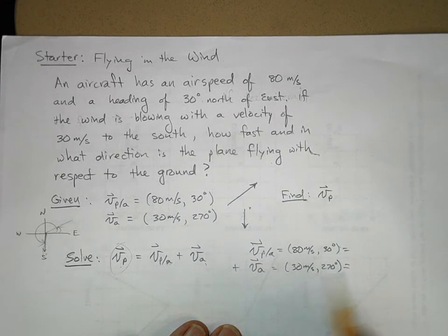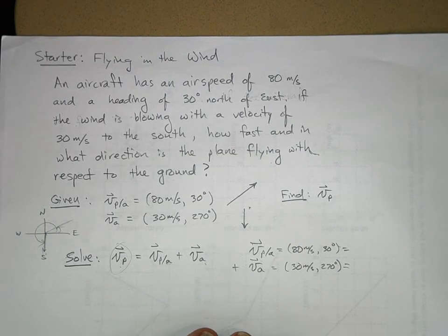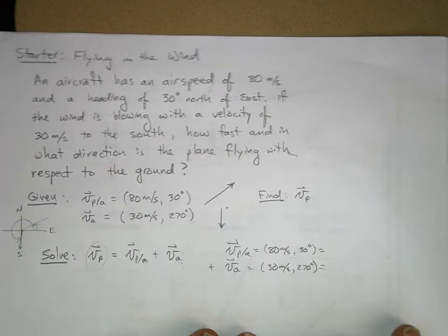Now, if I were to add these together, I would lose a whole lot of points on my test. So don't do that. Don't add vectors that are in polar coordinates. You have to change them to rectangular coordinates.